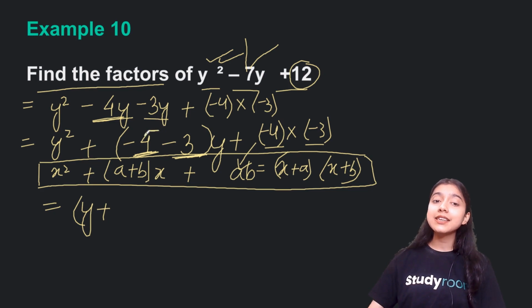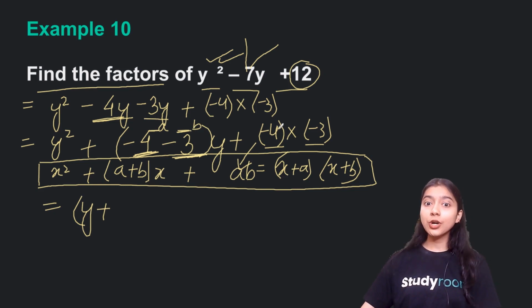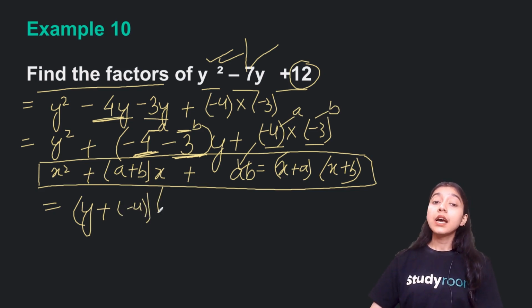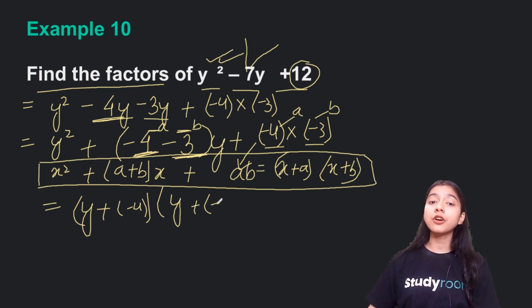Over here a is minus 4. This is actually a. And what is minus 3? This is b. Again over here also minus 4 is a and minus 3 is b. So y plus a will be equal to y plus of minus 4. Again in place of y plus b we have y plus of minus 3, because b is minus 3.